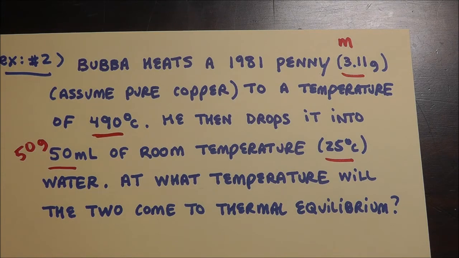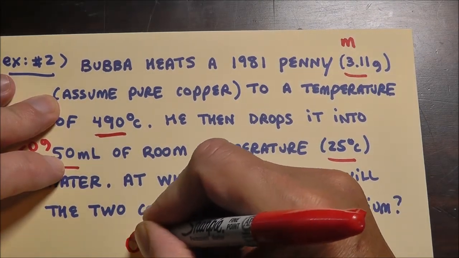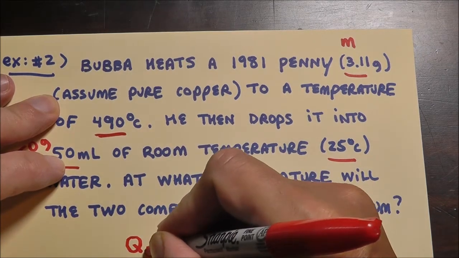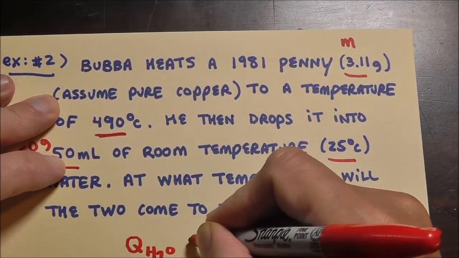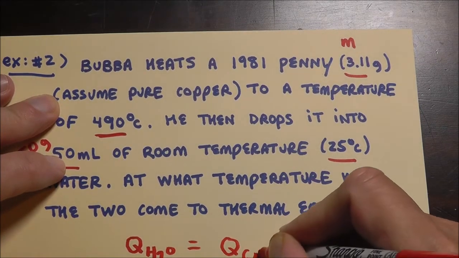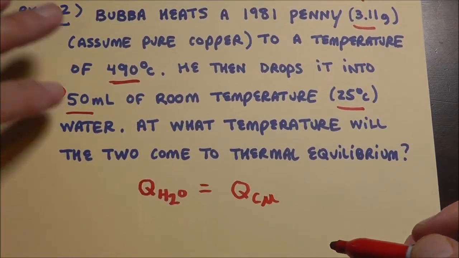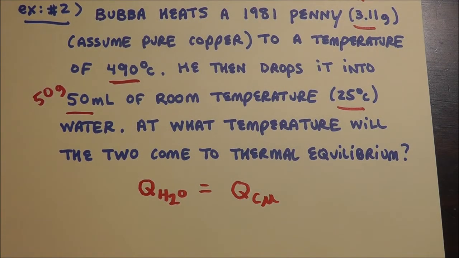But here's how we're going to set it up, folks. Q gained by the water is equal to Q lost by the copper. Now, here's the thing. You need a negative sign in here somewhere, because heat's flowing in a different direction from the water than the copper.